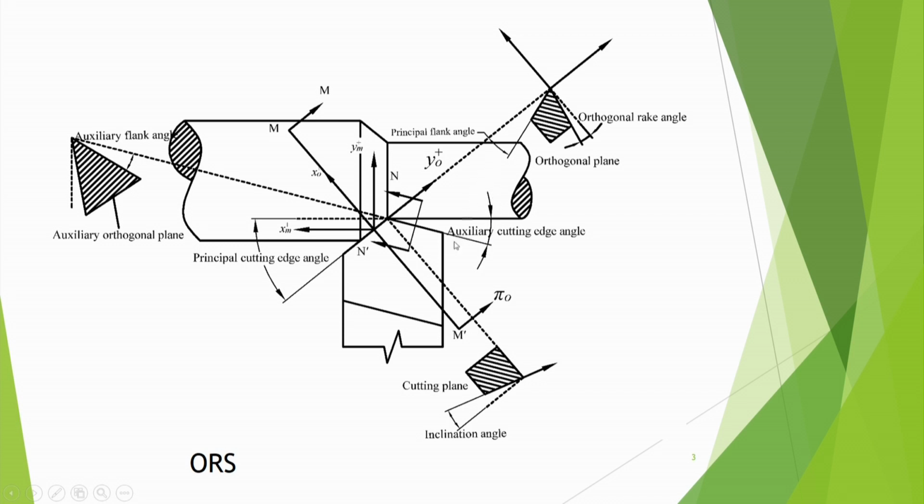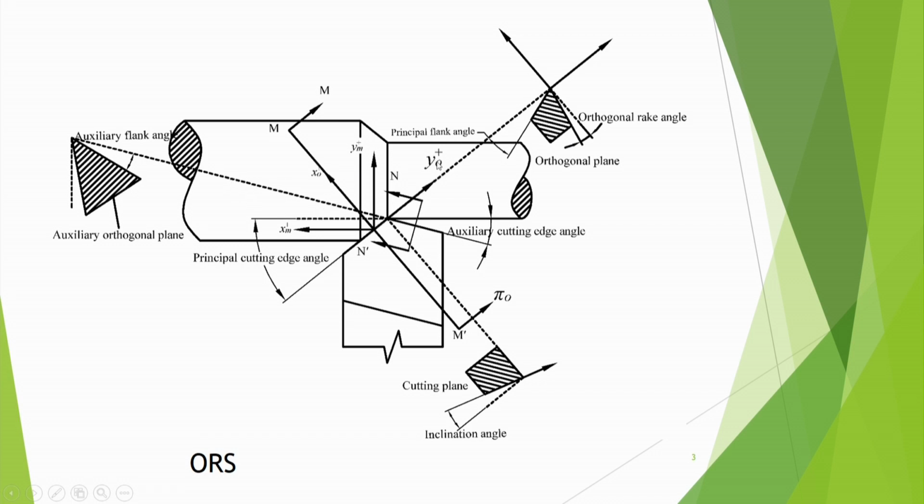And in the cutting plane the inclination angle will be apparent. We can see the orthogonal rake angle in the orthogonal plane, that means the slope of that surface in the orthogonal plane. That's what orthogonal rake angle is. And here we can also see the principal flank angle in the orthogonal plane.